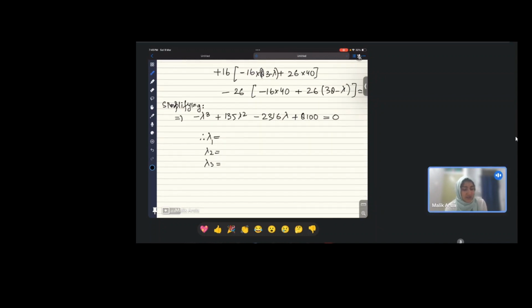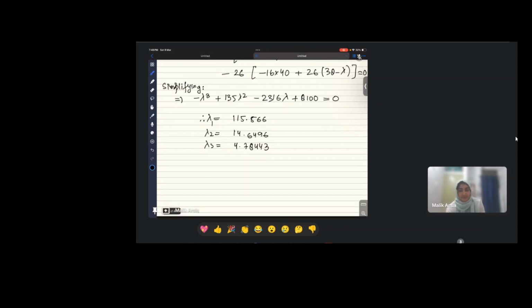So do it on calculator and tell me if you are getting the same values as me. Are you getting the same values? Doing, ma'am. Okay, you can do it.